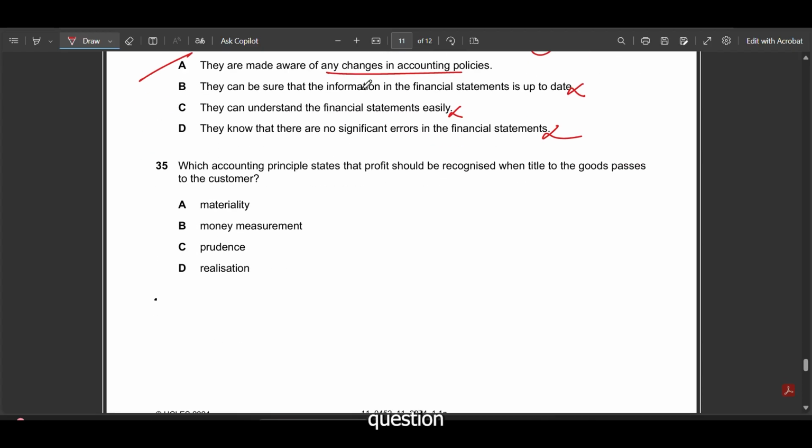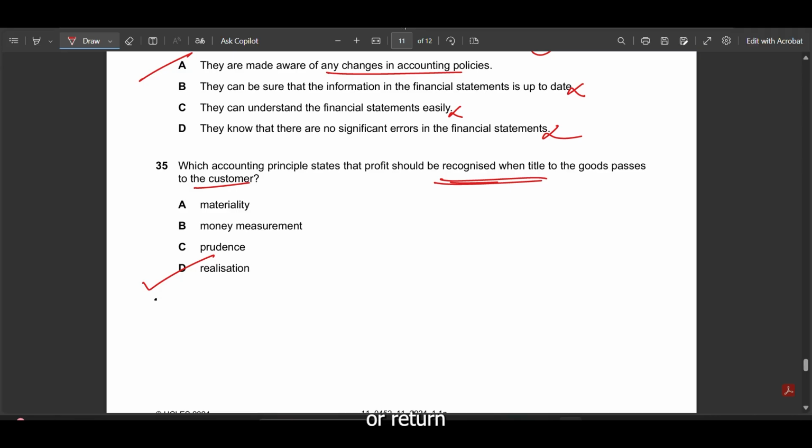Okay, so the last question is, which accounting principle states that profit should be recognized when title to the goods passes to the customer? This is a direct question. They are talking about realization. Okay, so here, realization, you cannot record anything until and unless the title is transferred or passed to the customer.